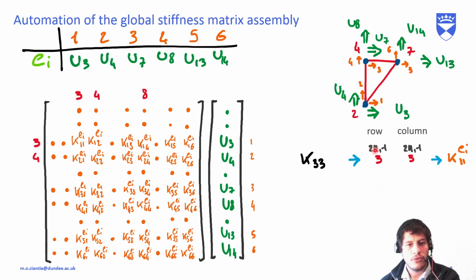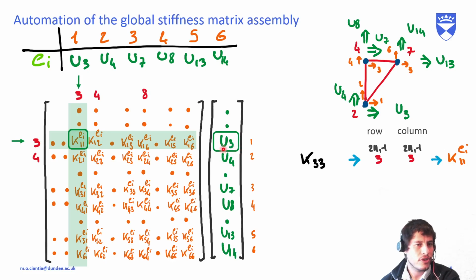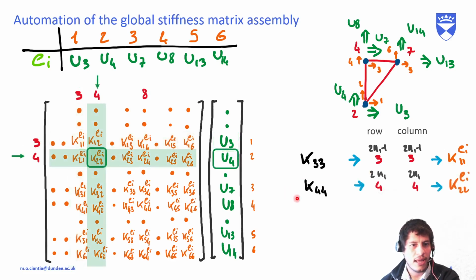So 2 times 2, 4, minus 1, 3. So 3,3. Well, it's here. Just look at that. And it's 2 times this, so it's going to be row 3, column 3. Where do I cross? Well, there's K11 of element I. And then if we look at K44, where is K44 in this position? It's going to be in row 4 and column 4, and we have K22 of element I.